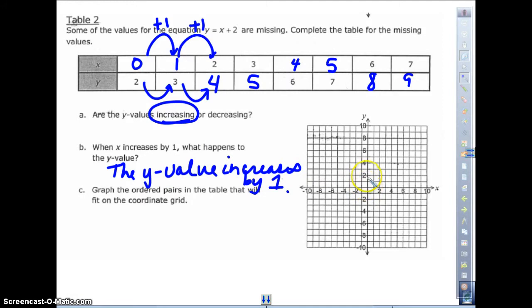Here we go. 0, 2, 1, 3, 2, 4, 3, 5, 4, 6, 5, 7, 6, 8, and 7, 9. Did your graph look like mine? Great.